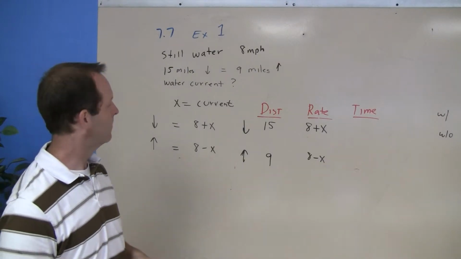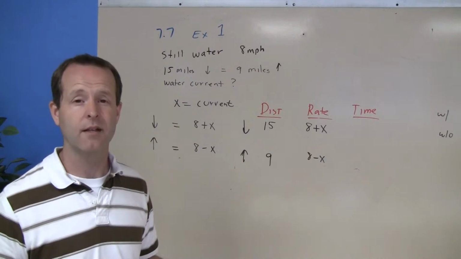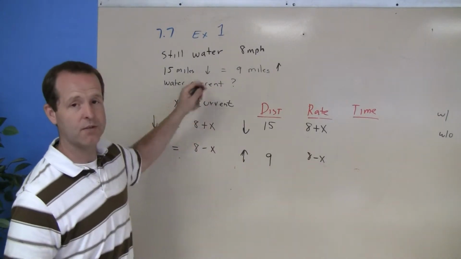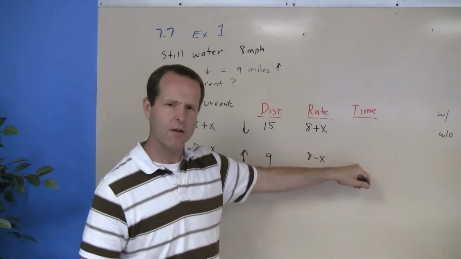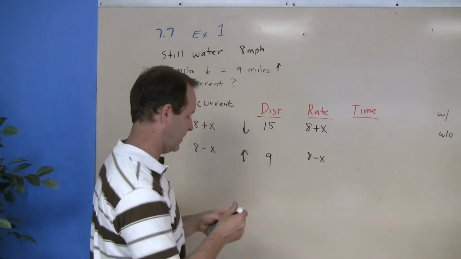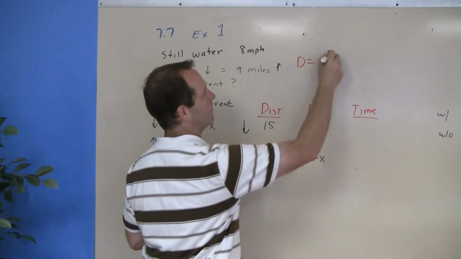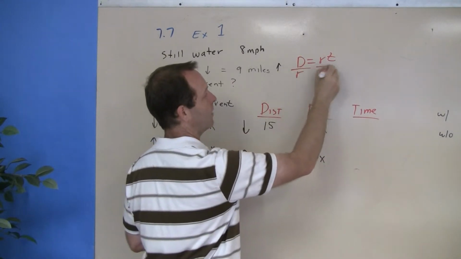And time. Well, I wasn't able to come up with anything that told me specifically about time other than the fact that the time downstream is equal to the time upstream. So what do I put in this column? Well, if I remember that distance equals rate times time, I can solve that equation for time. Divide both sides by r.